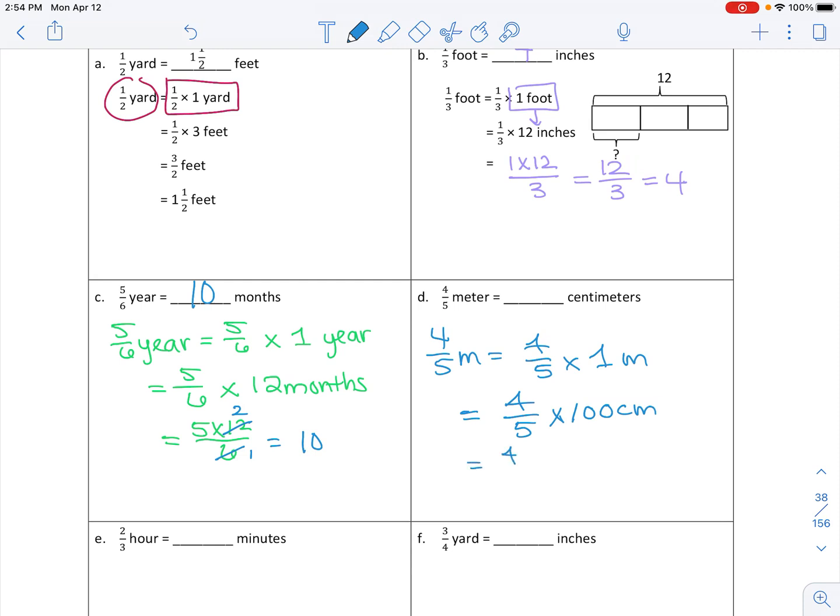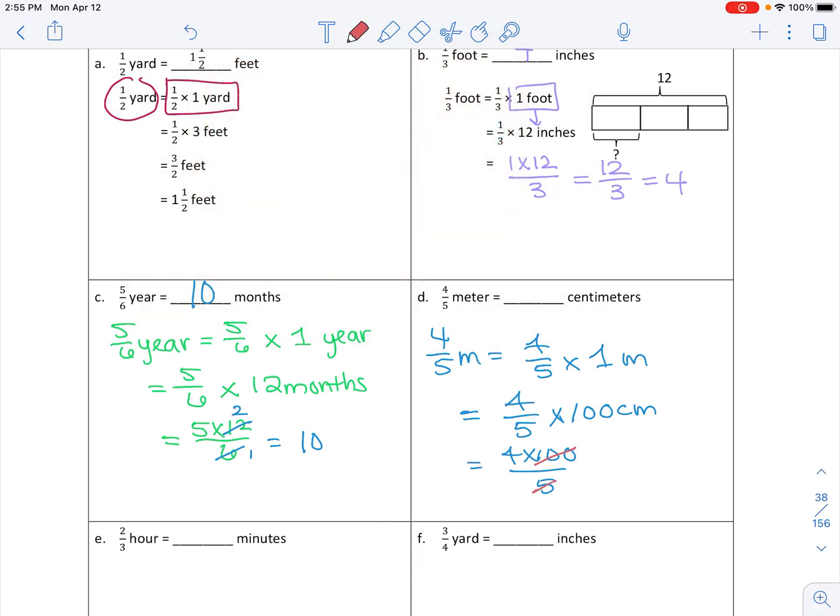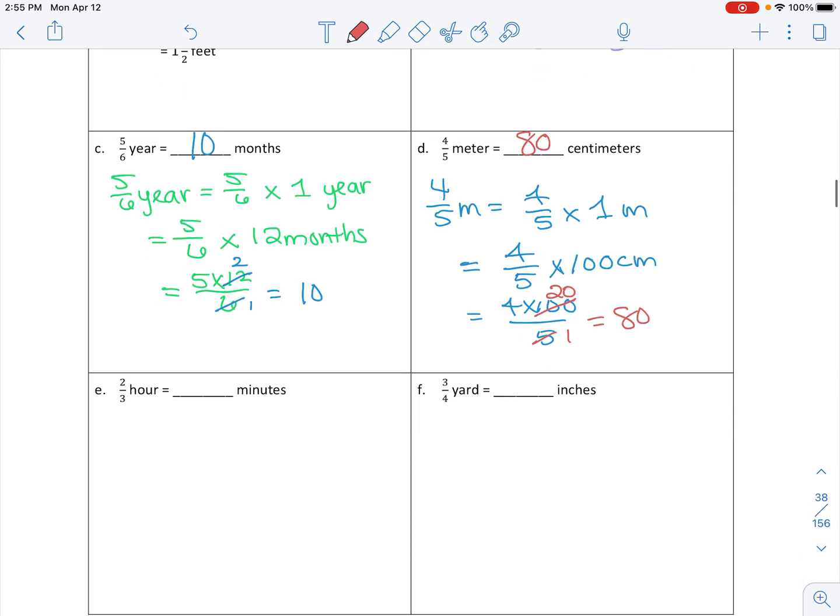Now we do our multiplication. We get 4 times 100 over 5. I'm going to use my canceling. 100 divided by 5 is 20. 4 times 20 is 80. And I get 80 centimeters are in 4/5 of a meter. Or I'm sorry, 4 times 20 is 80. Silly me.